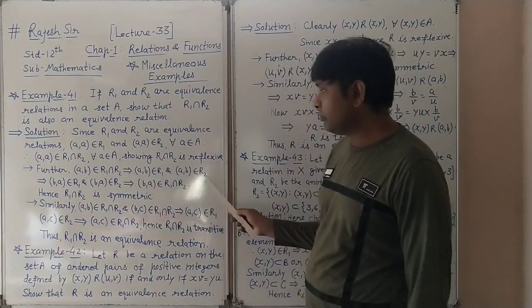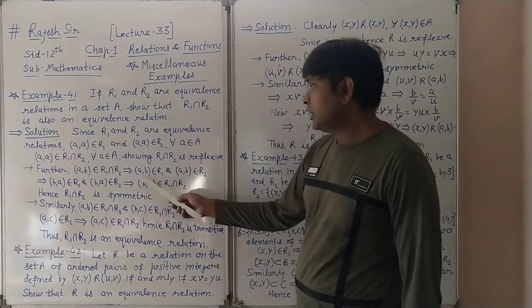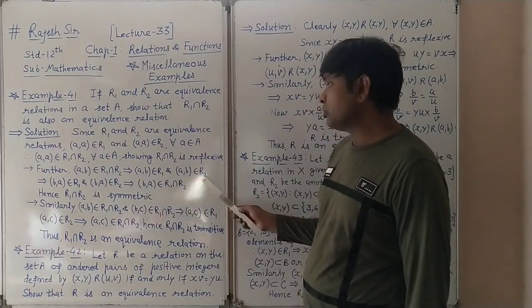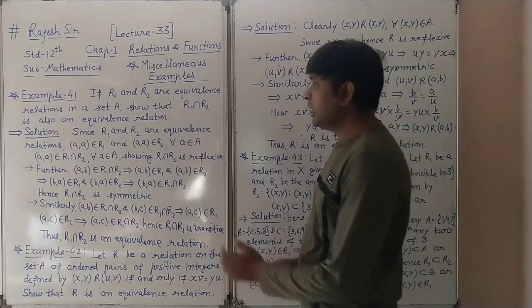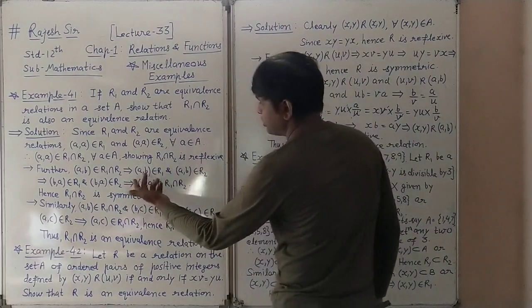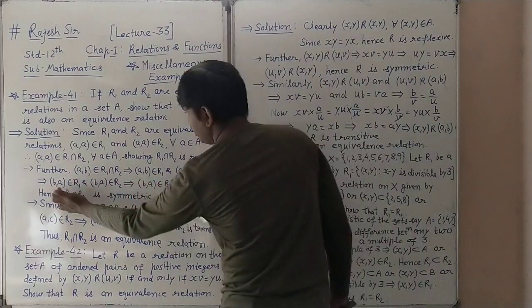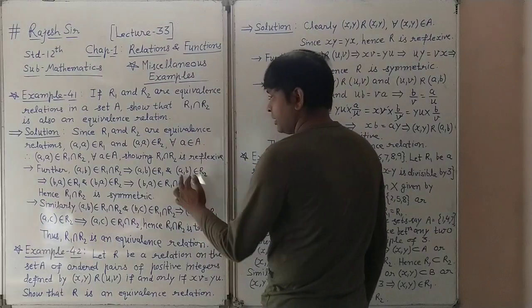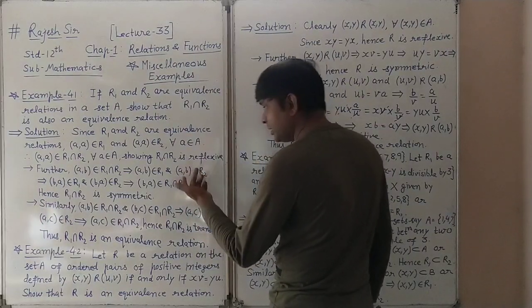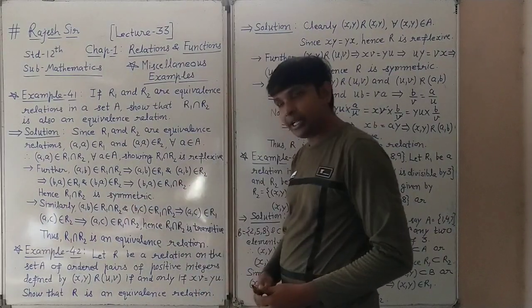So we can write this way also: if (a, b) belongs to R1, then (b, a) also belongs to R1. If (a, b) belongs to R2, then (b, a) also belongs to R2.